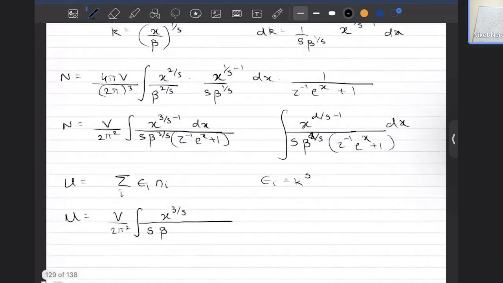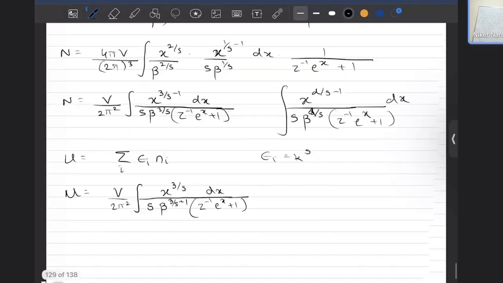So I think I can simply multiply with x by beta, and that should not be a problem. So beta is 3 by s plus 1. Yeah, dx on z inverse e power x plus 1. Yes, this is what I end up with.